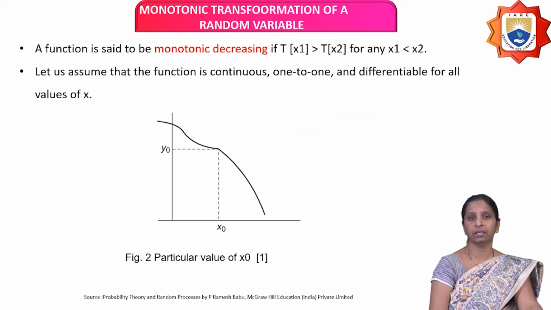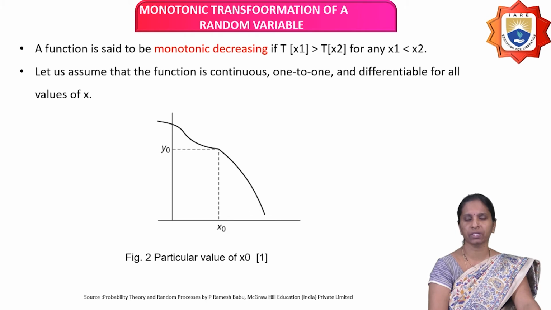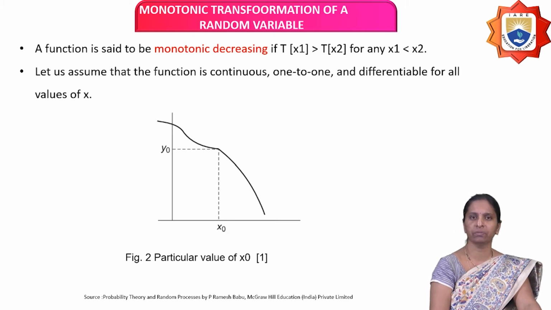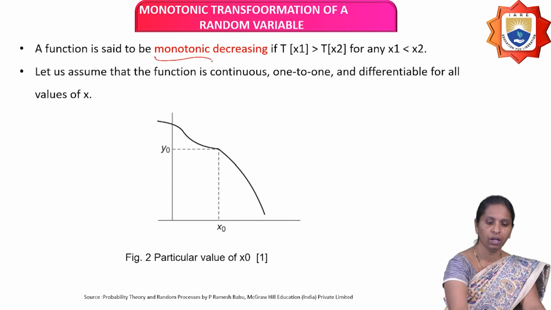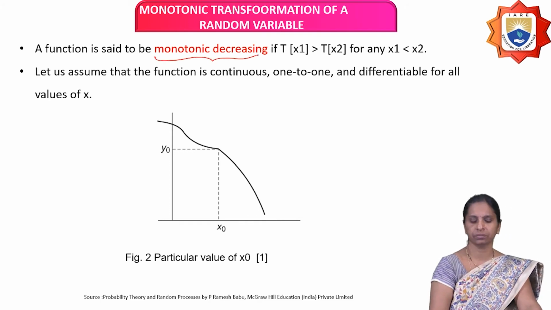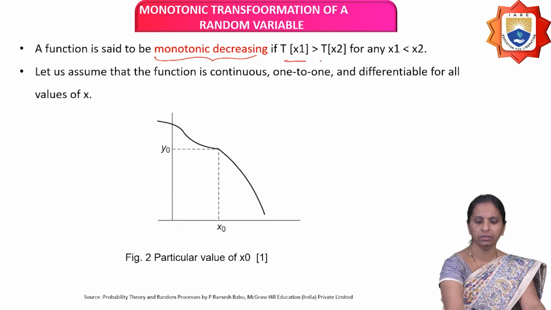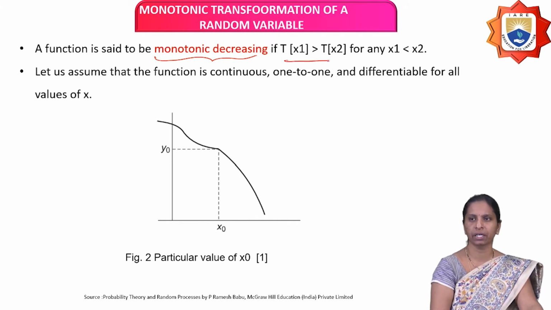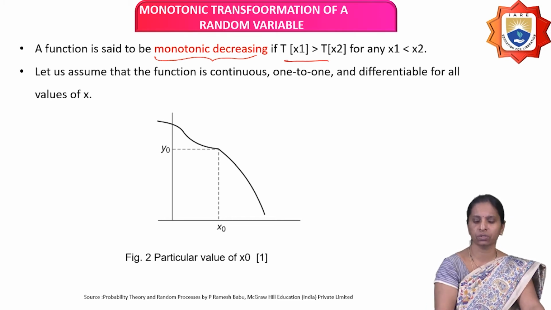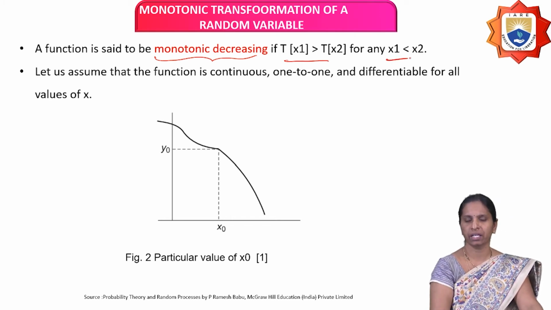In the same manner, I am going to derive the density function of the new transformed random variable y in the case of a monotonically decreasing transformation. What do we mean by monotonically decreasing? A function is said to be monotonically decreasing if T of x1 is greater than T of x2 when x1 is less than x2.